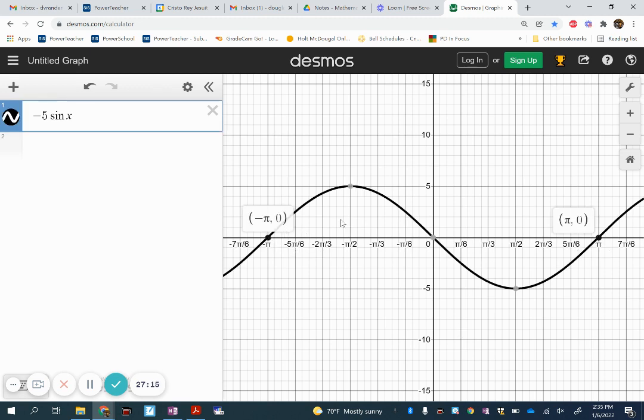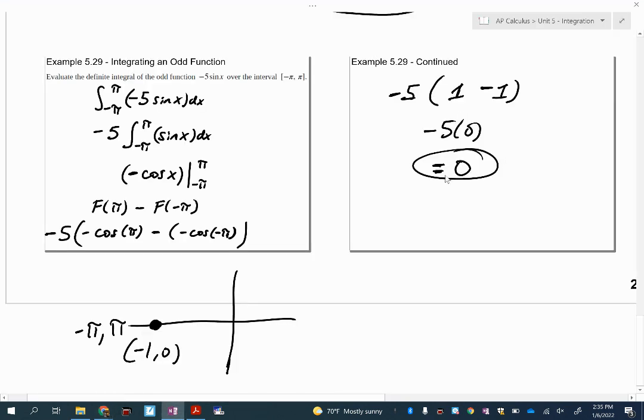If you look at the area between -pi and 0, those are all positive y values. Then you look at 0 to positive pi, those are all negative. So when you find the area between the x-axis and the curve on those intervals, those are going to be opposites. When you add the opposites, you end up with 0 right here.